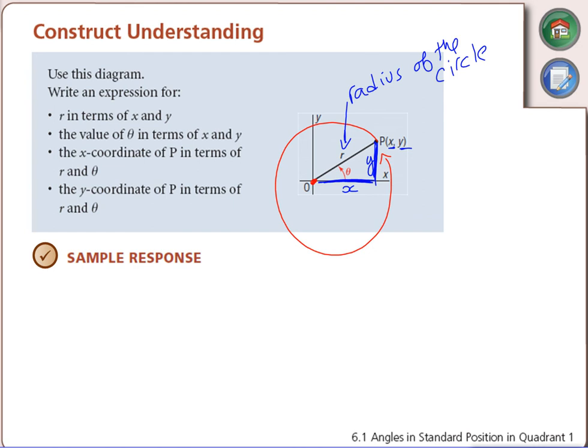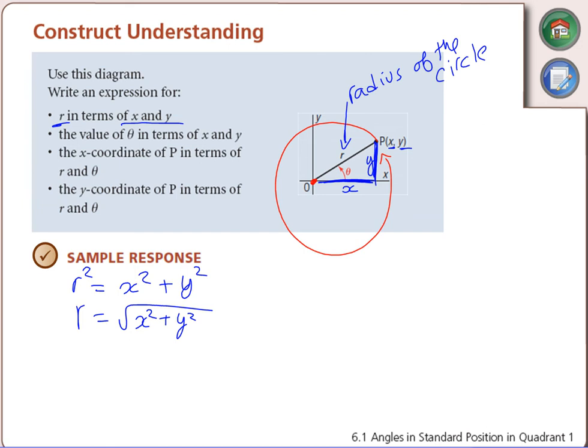So first question, express R in terms of X and Y. Well, if we're just looking at R and X and Y, we can use Pythagorean theorem. R squared equals X squared plus Y squared, but it asks for R, not R squared. So R is equal to the square root of X squared plus Y squared. First one done.